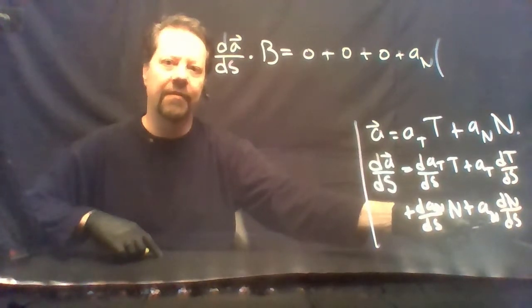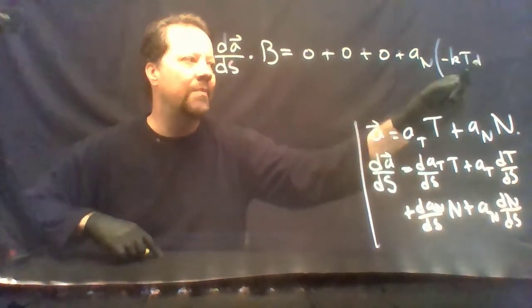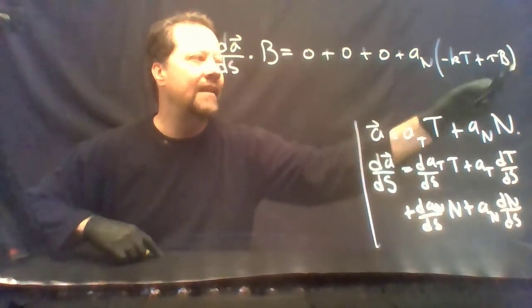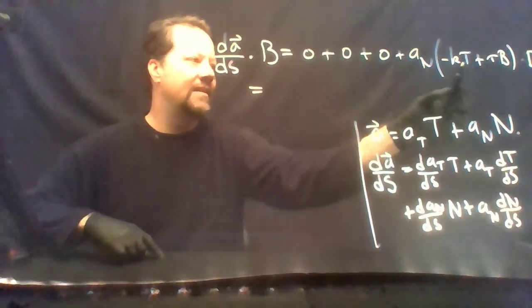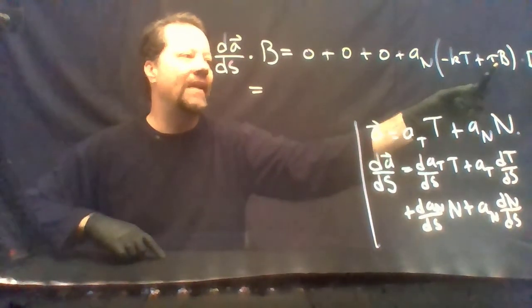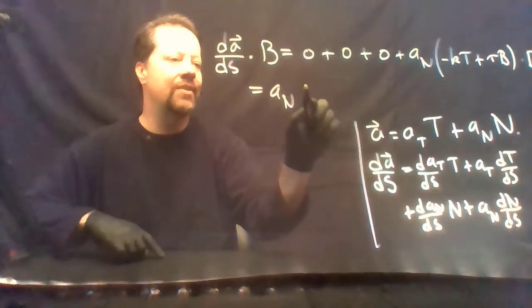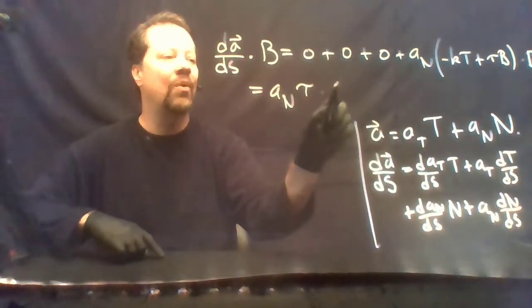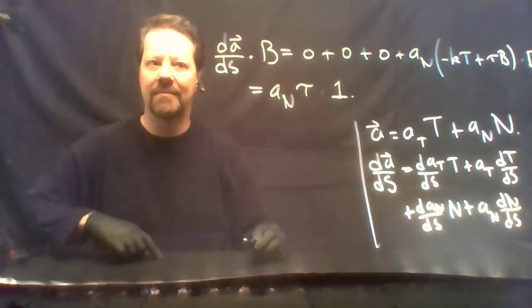According to the formula for Frenet, dN/ds is minus curvature times T plus torsion times B, and we're dotting with B. T dot B is 0, so we end up with the normal component of acceleration times the torsion times 1. B dot B is 1.